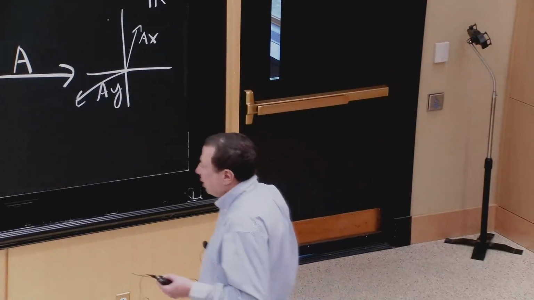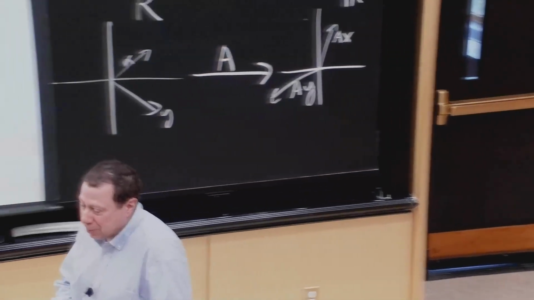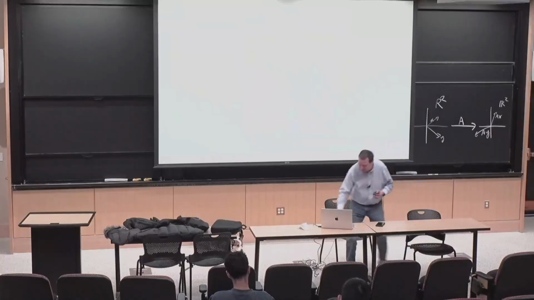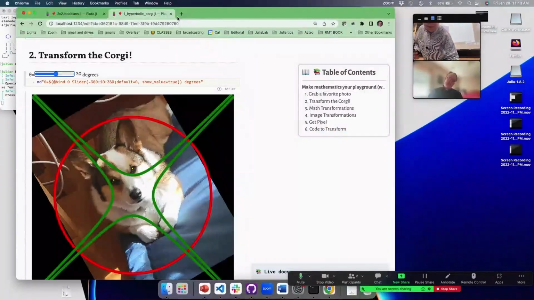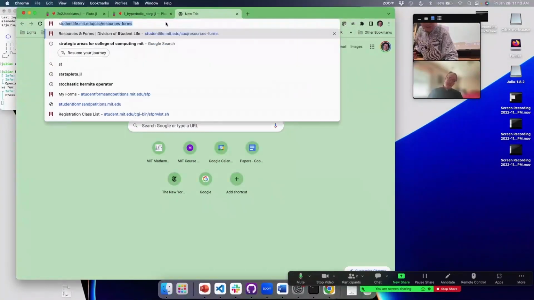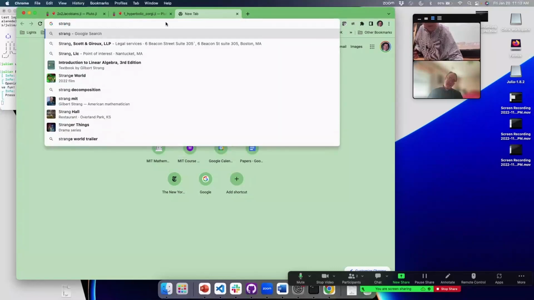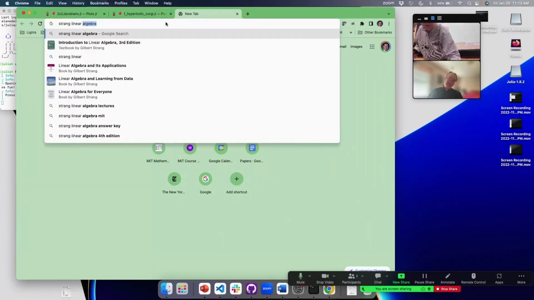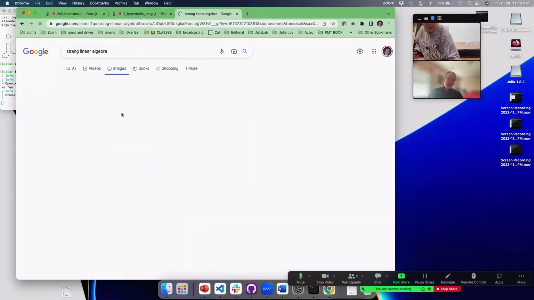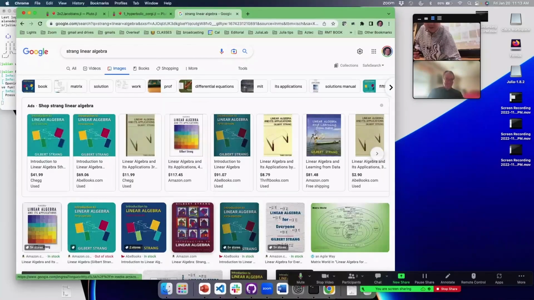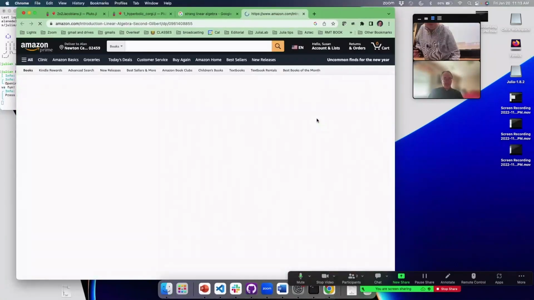If anybody is familiar with the cover of Gil Strang's linear algebra book, the textbook that's used right here at MIT and all over the world, one of the versions of the book has these houses, this one right here.